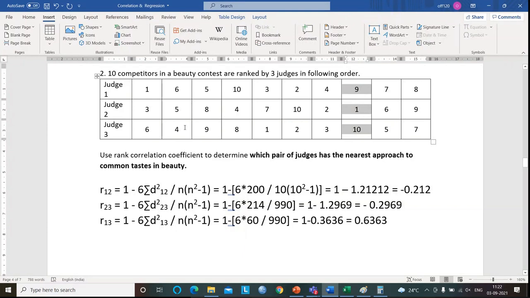See, judge 1 and 3 are giving second rank, but judge 2 is giving 10th rank. That means there is a commonality between judge 1 and judge 3. That is how we interpret the result. We write the conclusion of the problem as: judge 1 and judge 3 have a common taste towards beauty.